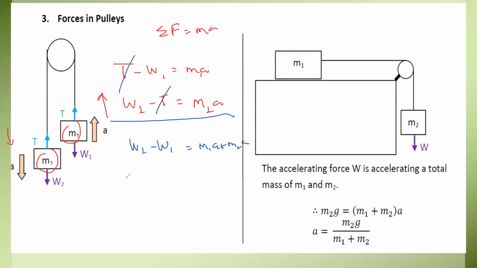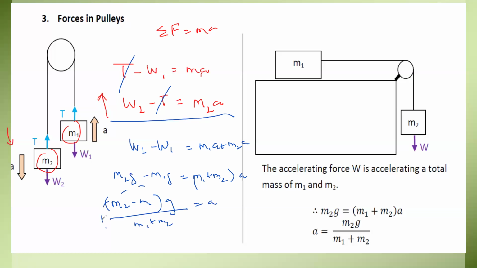W2 is equal to M2G and W1 is equal to M1G. If I take A common, it will be M1 plus M2 into A. This is multiplied, so the other side will be divided. If I take G common, this will be M2 minus M1 into G divided by M1 plus M2, that is equal to A.